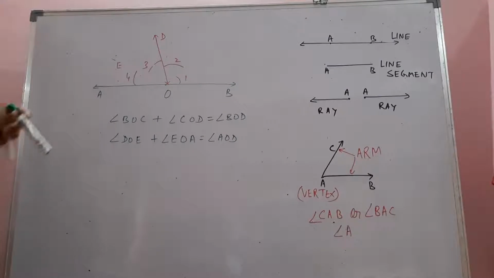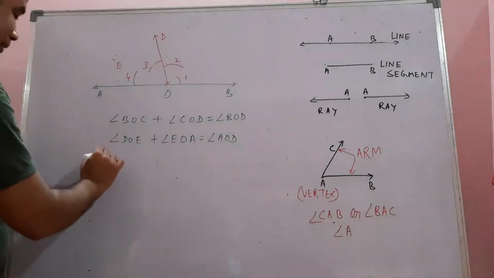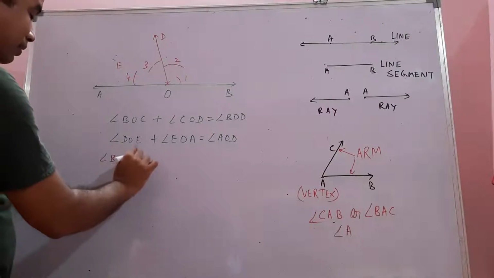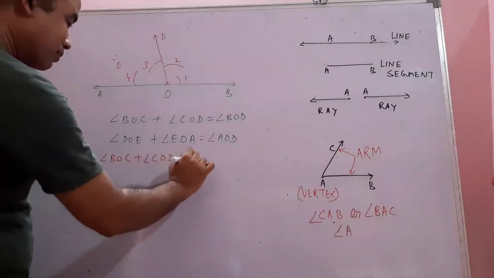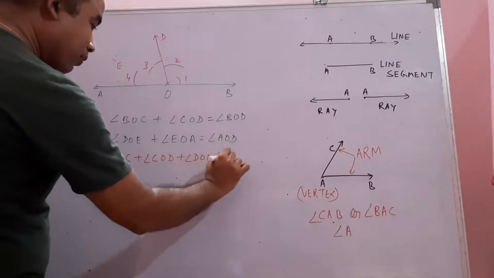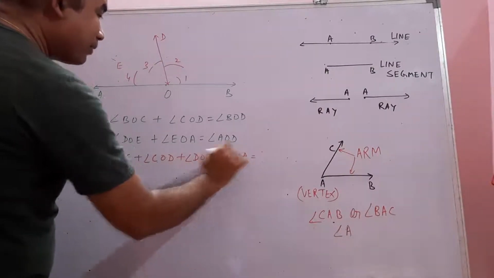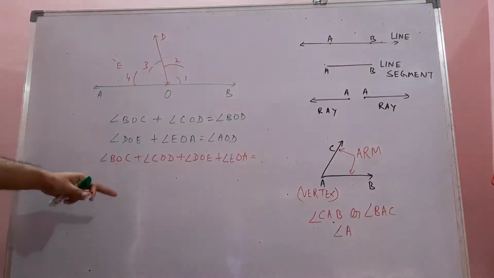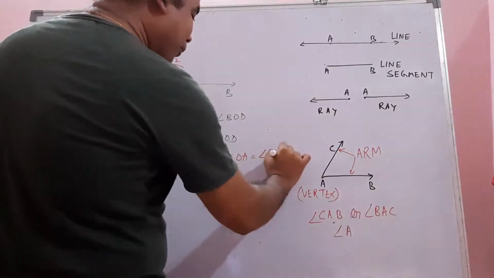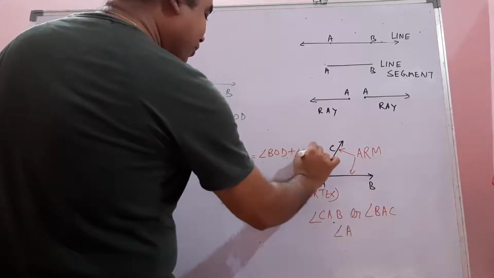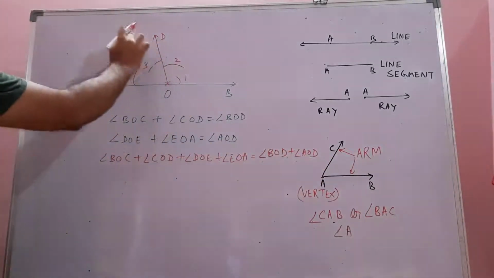Now, if I add all these four angles, what will happen? If I add BOC, COD, DOE, EOA, all the angles on the left hand side, then I have to add the right hand side also, BOD and AOD. What is the sum of BOD and AOD?